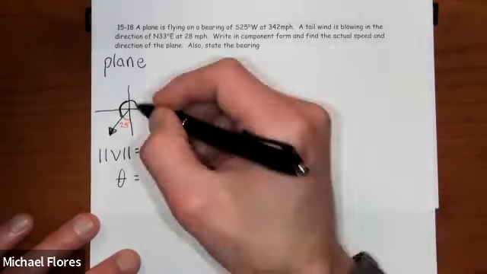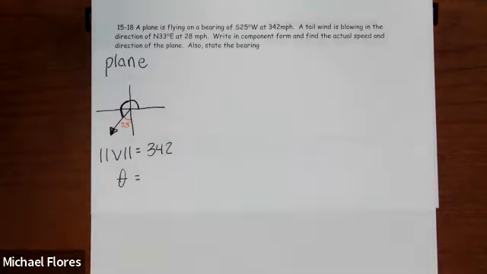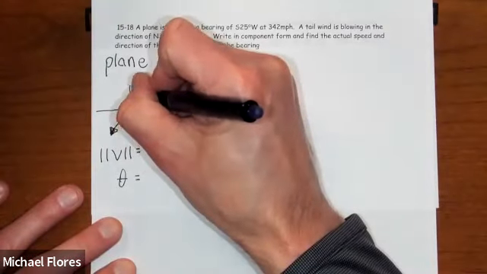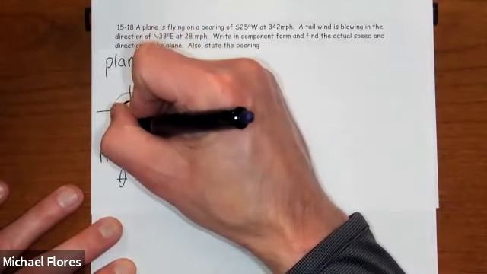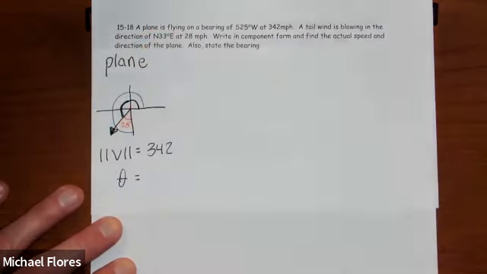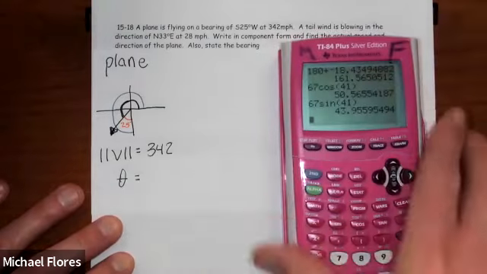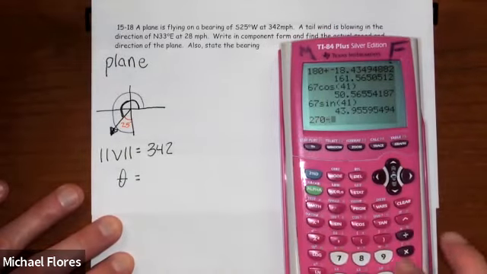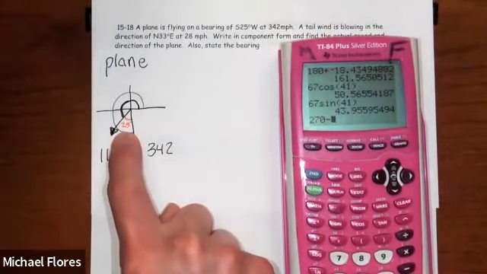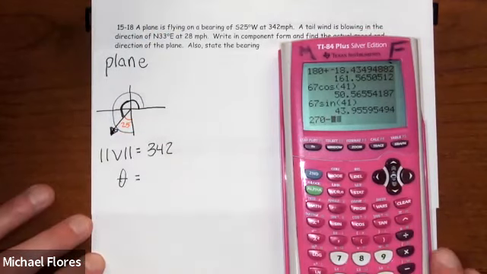Now, hopefully you remember that if I were to do a rotation from here all the way to here, that would be a rotation of 270 degrees. So we can do 270 minus that angle of the bearing.